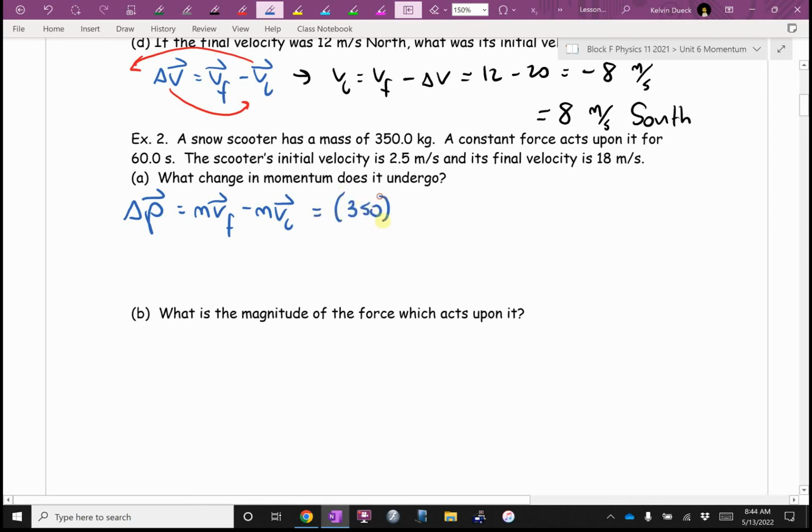Yep. What's v final? Yep. And 350 times 18 minus 350 times the initial 2.5. Do you see a word like south or north or east or west or forward or backward or anything like that? So I'll just make them both positive and we're going to find a magnitude. Here, I think we need to use our calculator finally.